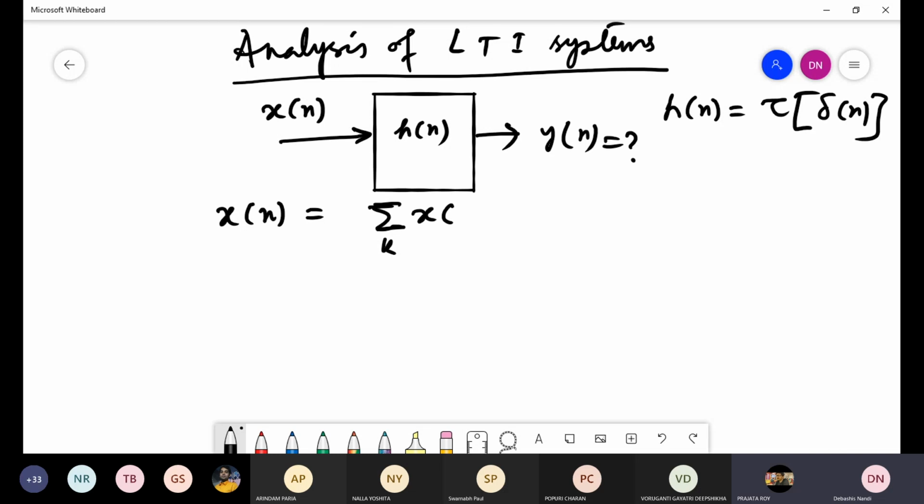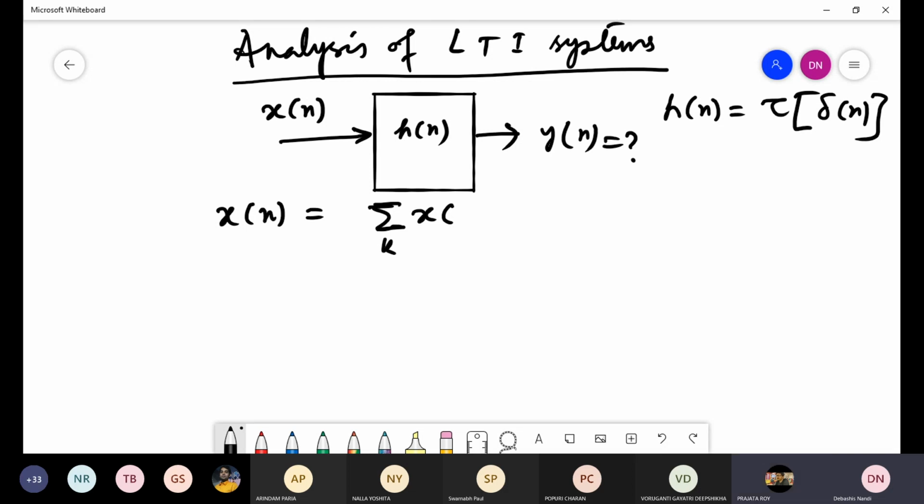Sir, h(n) is the function inside the LTI discrete time system? No, h(n) is the system characteristic which is called impulse response. It means this impulse response will be given to you. If you apply delta(n) at the input side of this discrete time system, then you are getting h(n). That h(n) will be supplied to you.